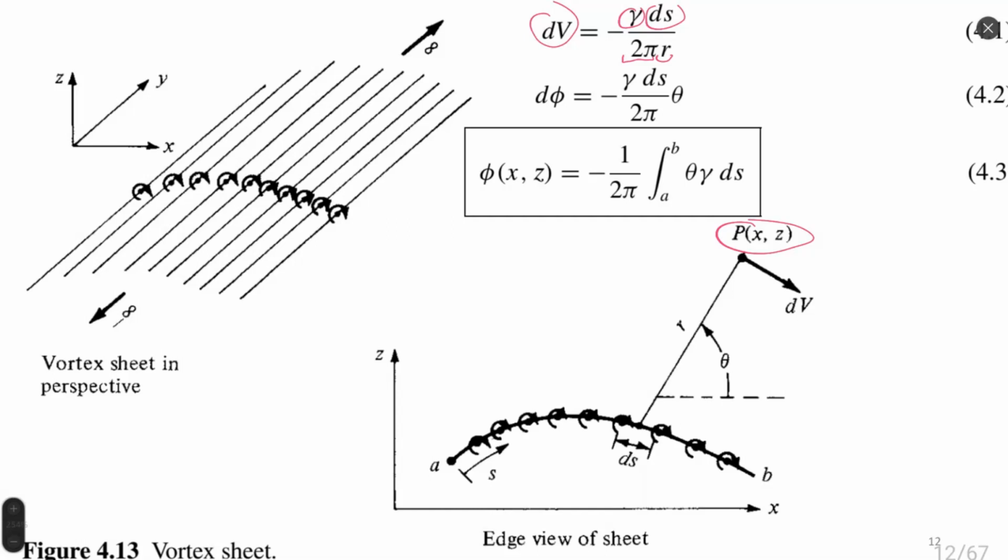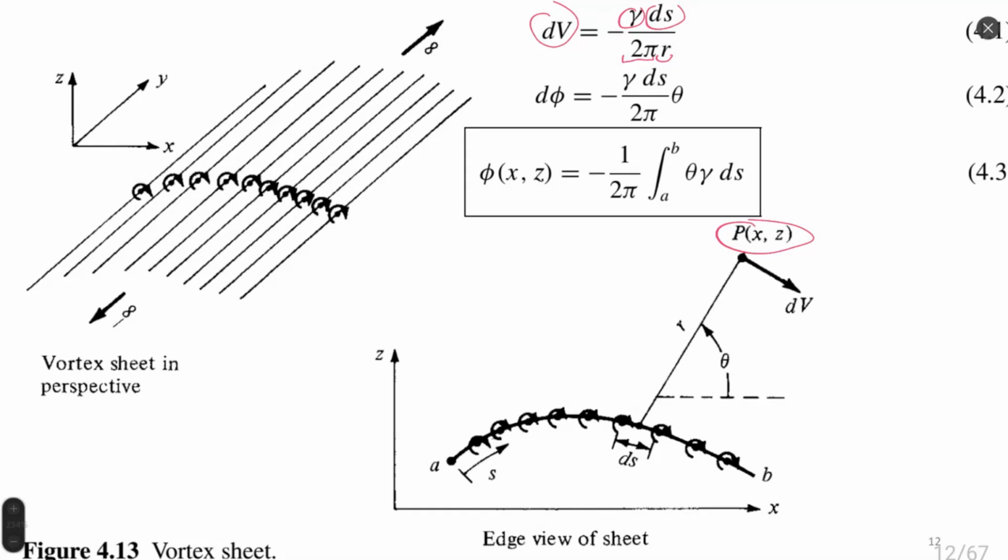We already had this potential function for a vortex, and you saw that the potential function for a vortex is proportional to vortex strength, inversely proportional to 2 pi, and proportional to theta, which is the angle in polar coordinates. And then, since equation 2 is still a differential, we integrate one more time and receive a potential function.